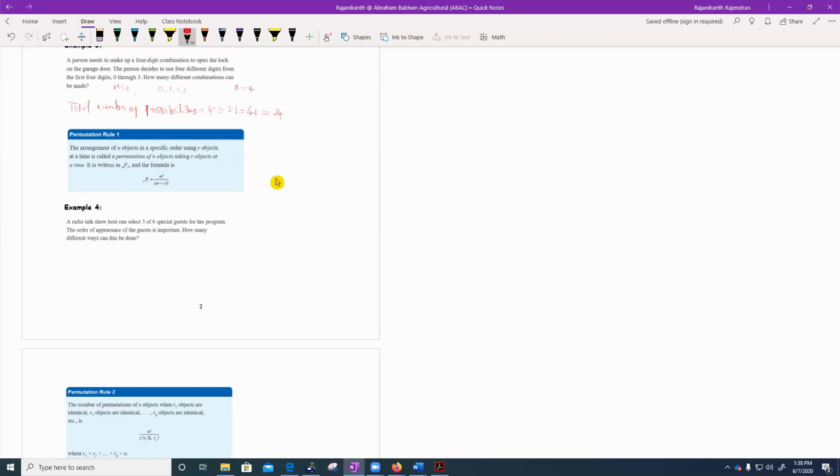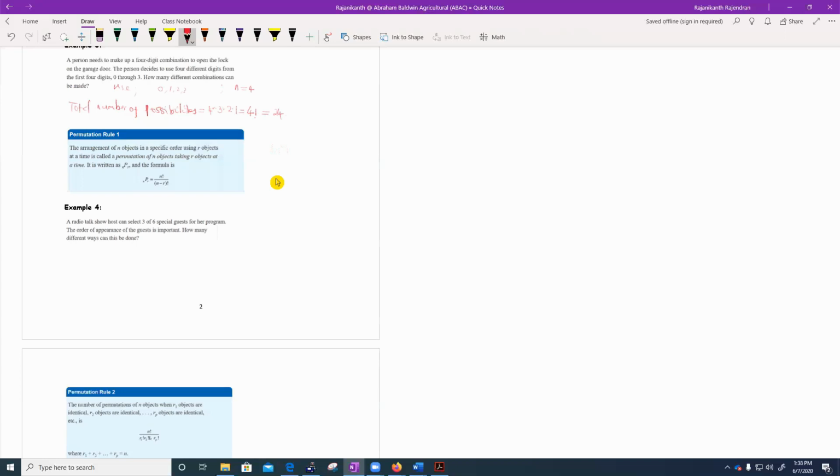Instead, you are given n objects, and you are choosing r from them, right? Therefore, n is the given total, so this should be bigger than or equal to r. Okay, so you are choosing r at a time, and it is called the permutation of n objects taking r objects at a time.